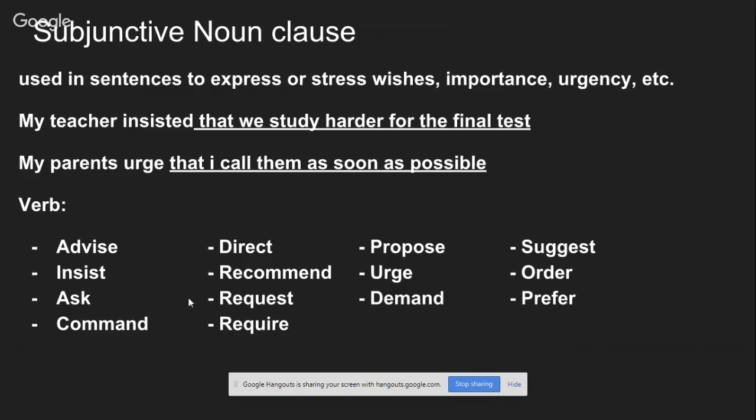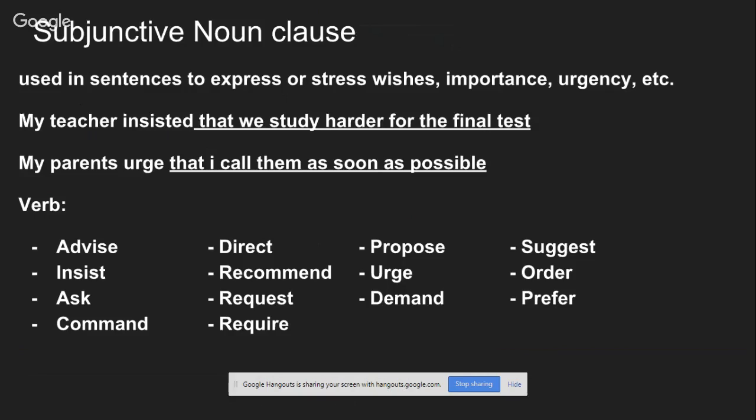And here are examples of stress words. They're verbs. There are some words that you can use in a subjunctive noun clause, for example: advise, insist, ask, command, direct, recommend, request, require, propose, urge, demand, suggest, order, or prefer.